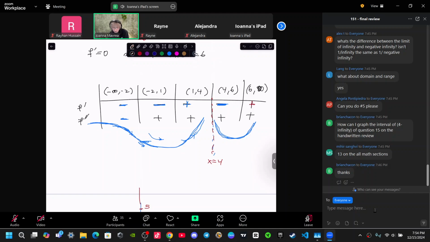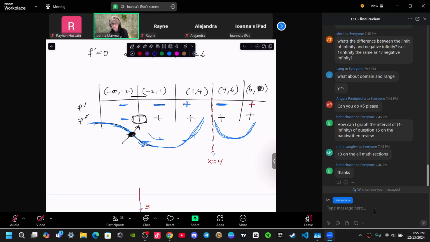You also notice that the second derivative changes sign here and nowhere else, right? So at this point, at x equal -2, you have an inflection point. So you need to show on the graph, here it is. The graph turns downwards and then turns upwards.